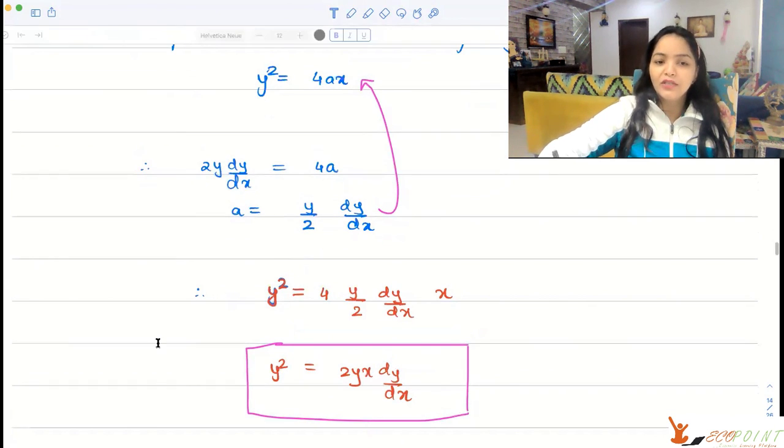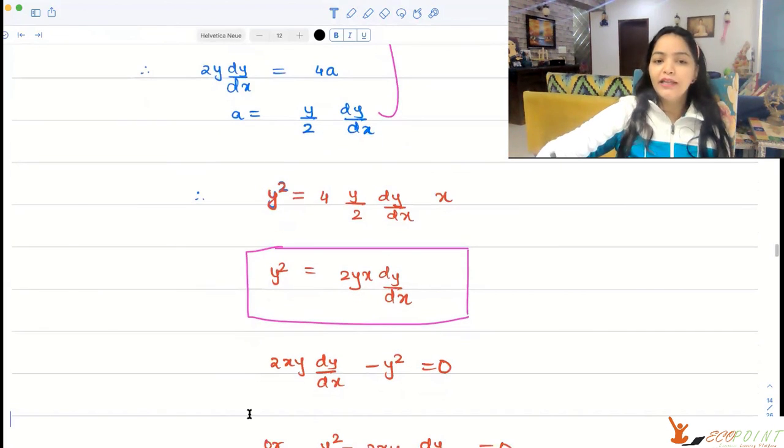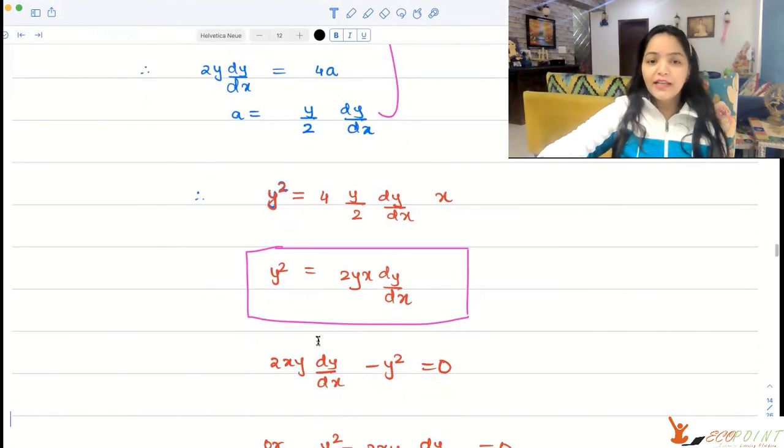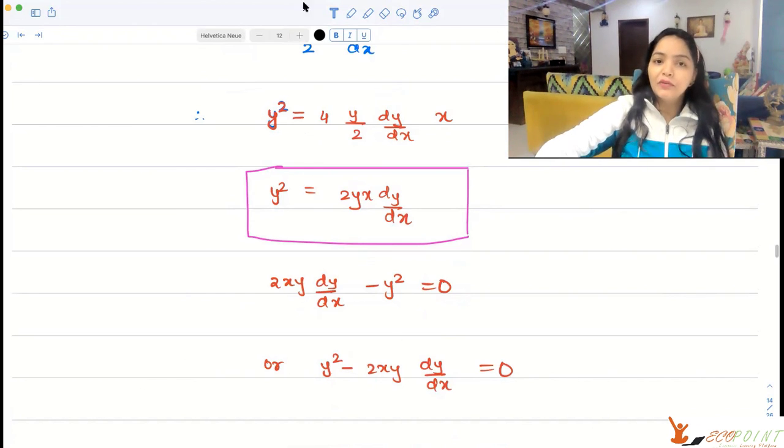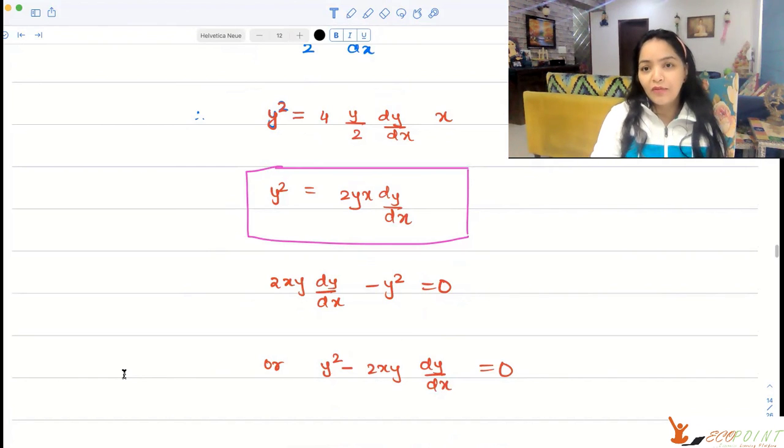And what will you get? The y cancels and you get 2x dy by dx, or you can just take it to one side: 2xy dy by dx minus y squared equals 0. Or further, you can write it as y squared minus 2xy dy by dx equals 0. So this is the kind of equation which will get satisfied by any member of the family of these kind of parabolas.